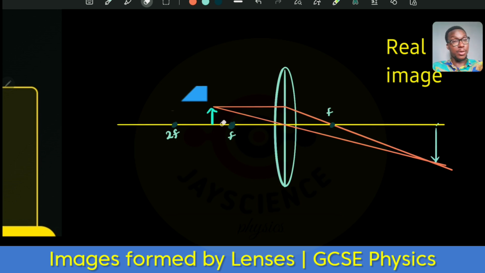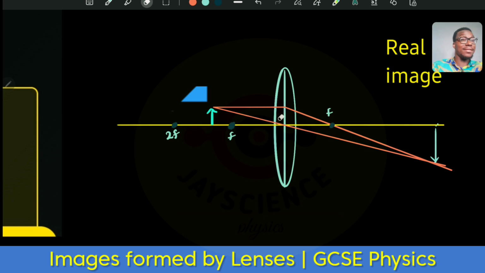So from this point backwards, you place your object here or here or here to F all the way backwards, you'd always get a real image. But once your object is closer, or let's say your object is between the focal point and the lens, you'll definitely get a virtual image.